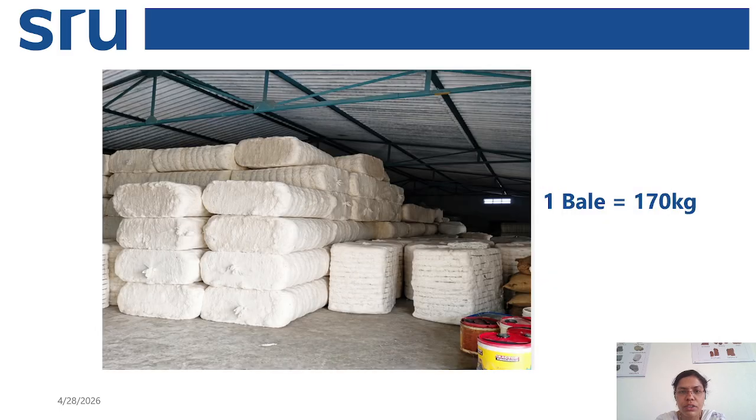Here this is the lint, surrounding which we have the seed. So the textile industry removes the lint from the seed and compresses that lint into 170 kg. That is nothing but a bale. To spin the thread, they remove the lint from the seed and make it into a bale. So in cotton, one bale is equal to 170 kg.